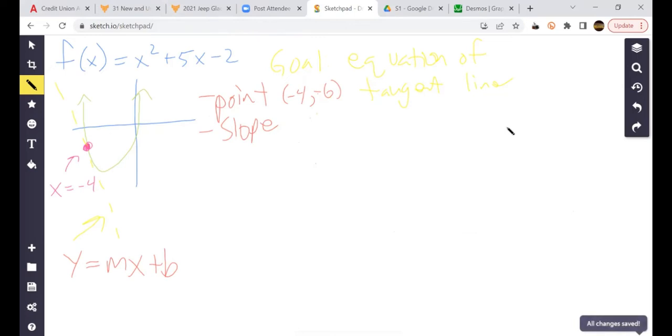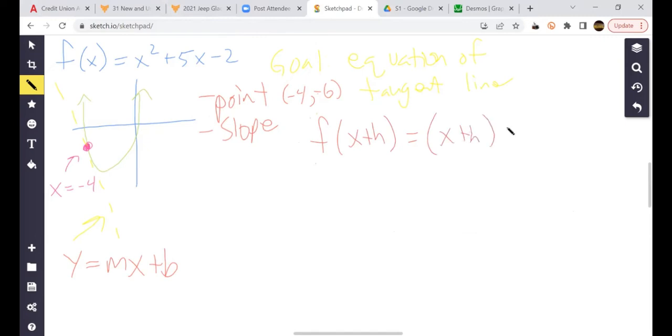So f of x plus h would equal (x plus h) squared plus 5 times (x plus h) minus 2. And this would equal x squared plus 2xh plus h squared plus 5x plus 5h minus 2.